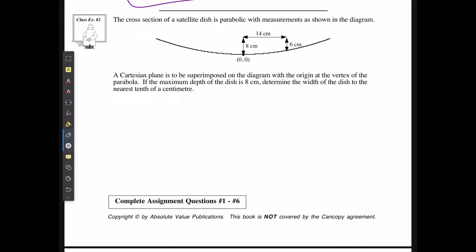The last section. The cross-section of a satellite dish is parabolic with measurements as shown in the diagram below. A Cartesian plane is to be superimposed on the diagram with the origin at the vertex of the parabola.